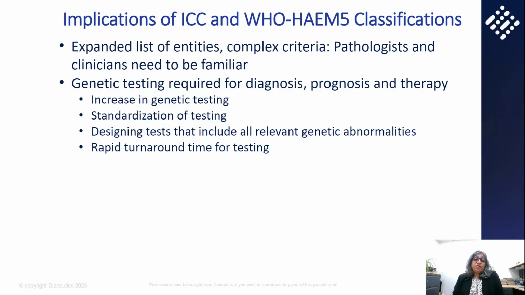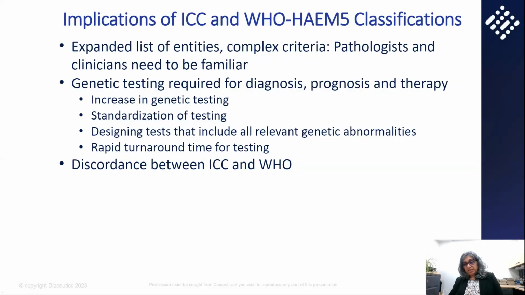Also, there is a requirement for better turnaround time. I said rapid, but rapid is relative. We can't wait for, let's say, 4 weeks, 6 weeks for these results to come back because they do impact treatment, and also treatment upfront. So there is a need for us to change our turnaround time for this testing.